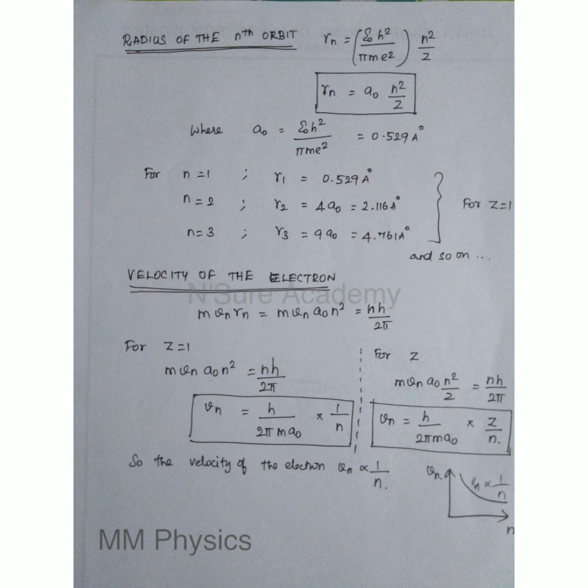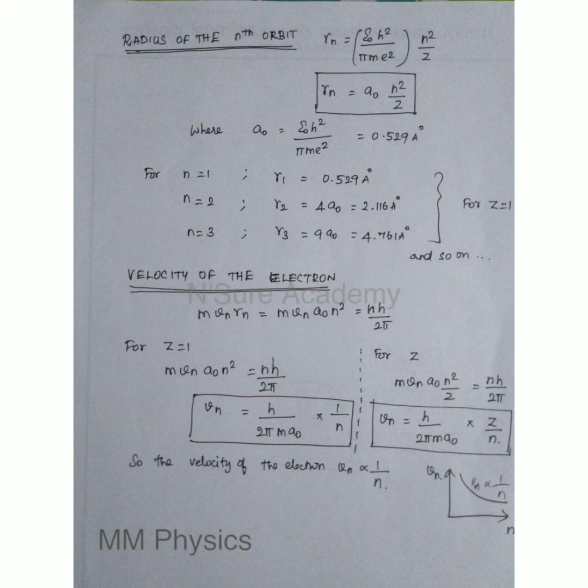Next, the velocity of the electron. We know clearly that m vn Rn is equivalent to nh divided by 2 pi. This is the Bohr atom model condition, equated to n h bar. In the first equation, we replace the Rn for Z equal to 1 with a0 into n square.